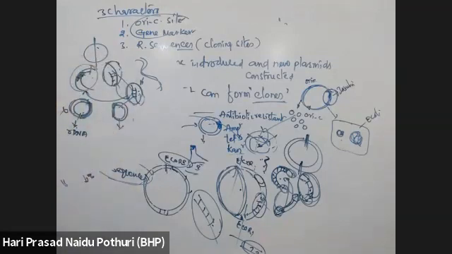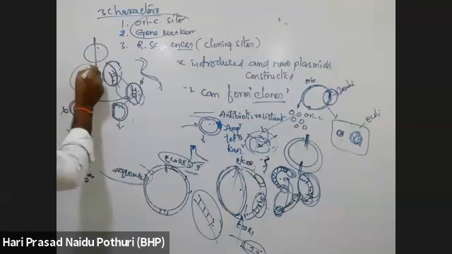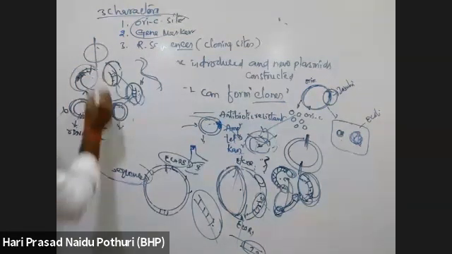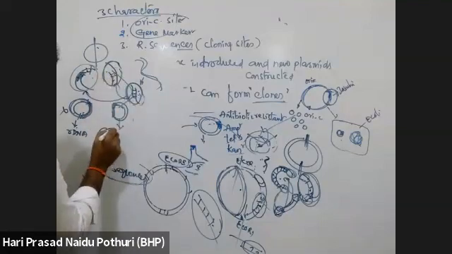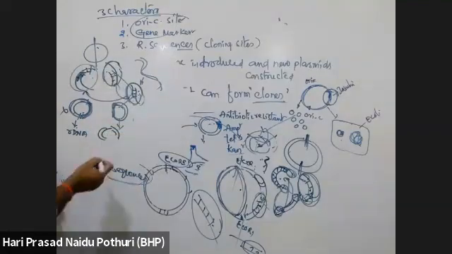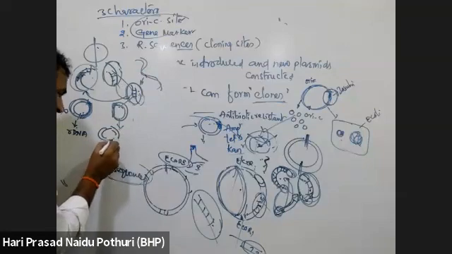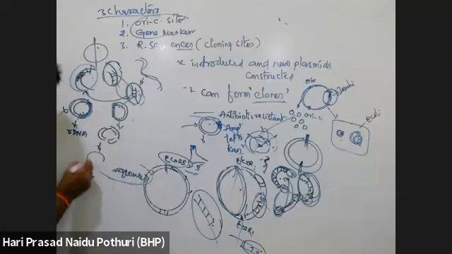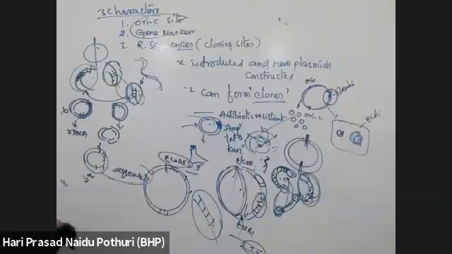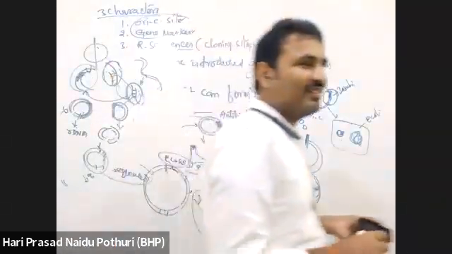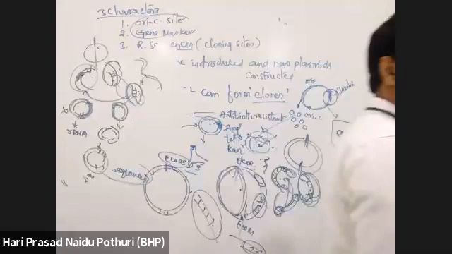Yes or no? By chance, what you said, if this part of the vector and this part of the vector are joining, and in the middle the linear DNA is introduced, then complete rDNA with the complete vector is possible. That's what you are asking.